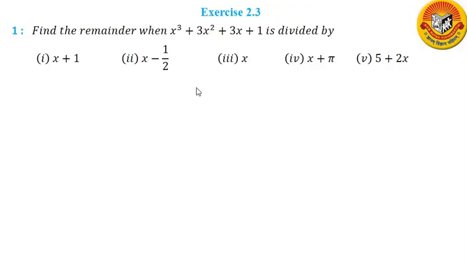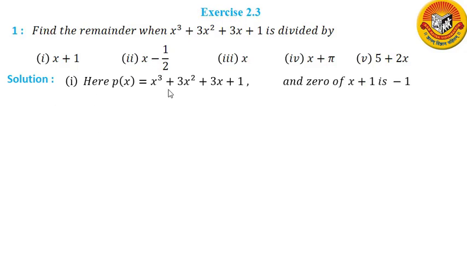In this first problem, we have to find the remainder when x cube plus 3x square plus 3x plus 1 is divided by x plus 1. So P(x) is x cube plus 3x square plus 3x plus 1, and the zero of x plus 1 is minus 1.